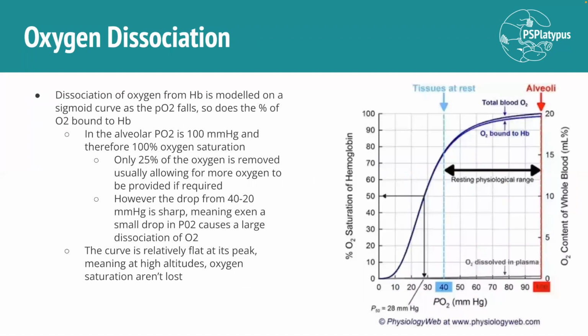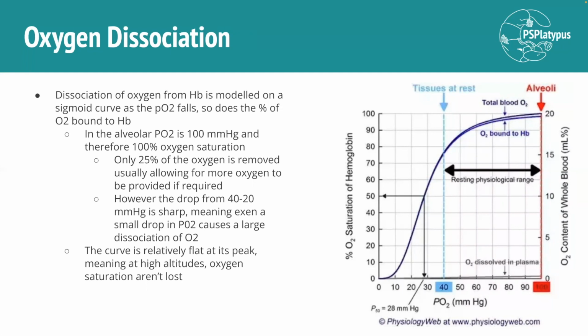Next, we'll be talking about the oxygen dissociation curve, or that curve that you saw just before. This is known as a sigmoid curve due to the shape that it creates. It indicates that as the partial pressure of oxygen falls, so does the percentage of oxygen bound to hemoglobin, which is exactly what we want as the red blood cells move through the body, getting to areas of lower oxygen concentration.